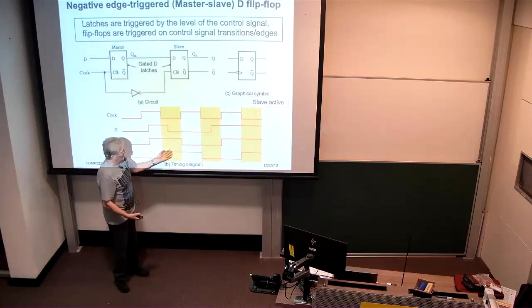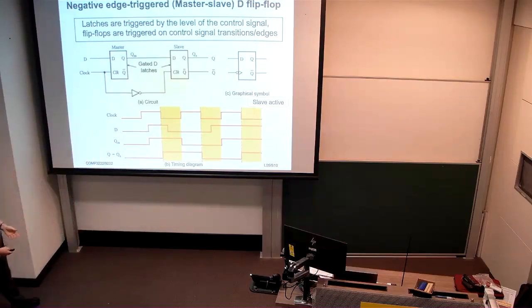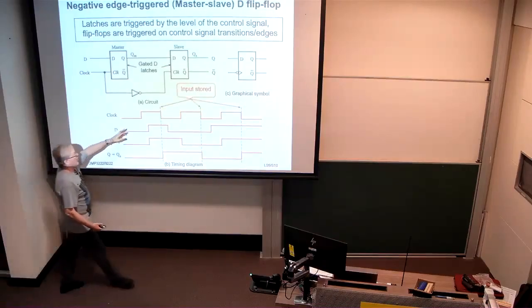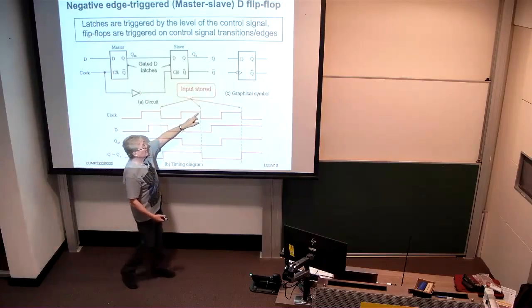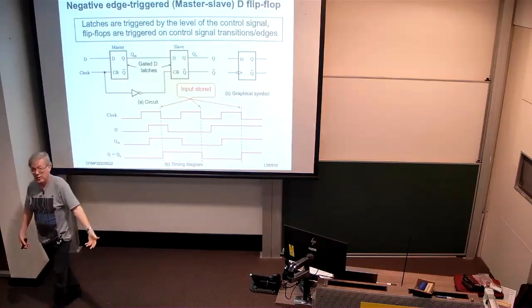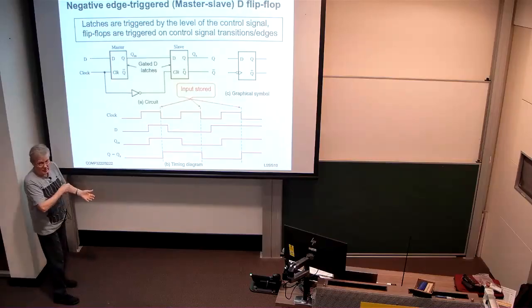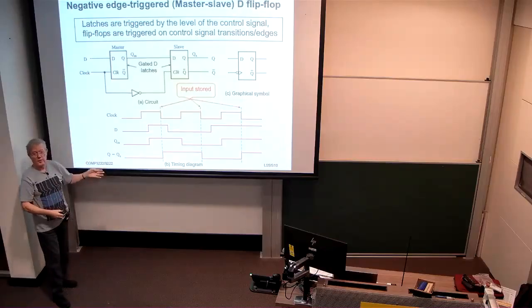And therefore, it simply changes state and stays there. And so in effect, every time there's a negative-going clock edge, the value on the QM wire is transferred to the QS wire. And so overall, the master-slave flip-flop is storing what's on the D input when the clock goes low, on that negative clock edge.